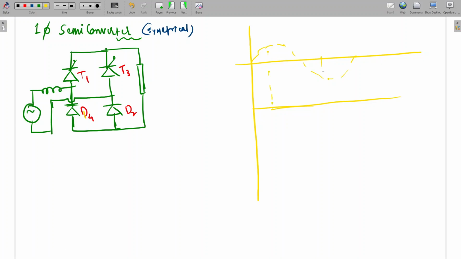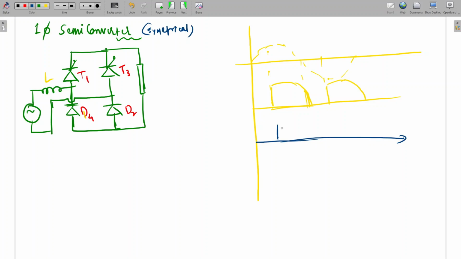This is alpha, this is alpha, and here it will come. This is the output voltage normally without freewheeling and without this inductor effect. First I'm going to draw the waveform without inductor effect. Initially, which one will conduct?